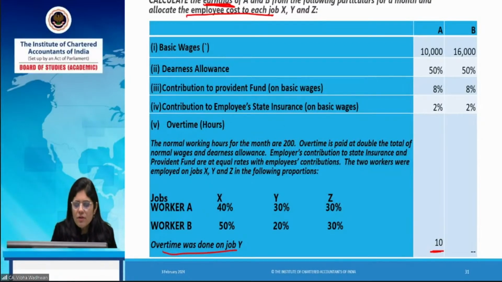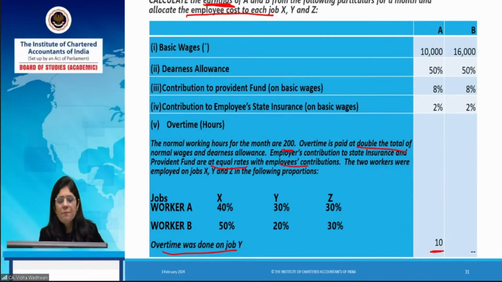The normal working hours are 200. Why do you require this? To calculate the labor cost rate per hour. Clear? So overtime is paid at double the total of normal wages and DA allowance. Employer's contributions to state insurance and provident fund are at equal rates.